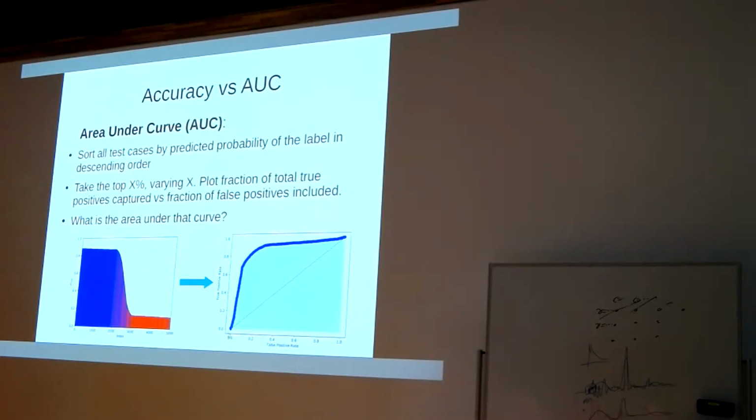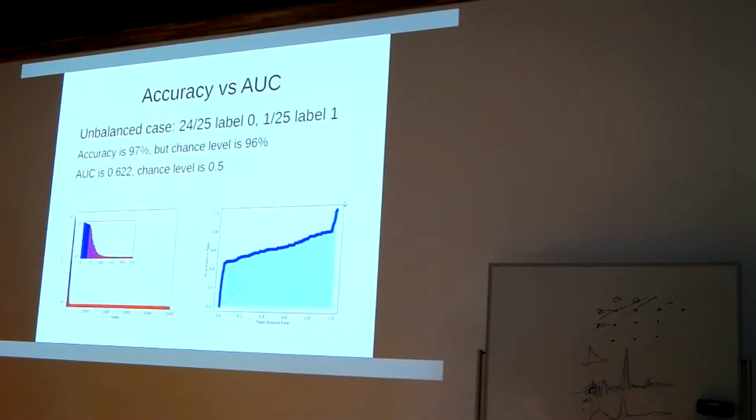If you have very imbalanced classes, chance level is still 50%, which is this dashed line. No matter what, if you don't know anything about the data, you can always achieve a 0.5 AUC. Even if you have 99% of one class and 1% of the other, it's still going from 0.5 to 1. So that at least helps a bit.